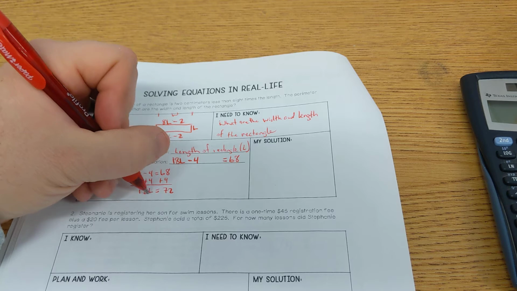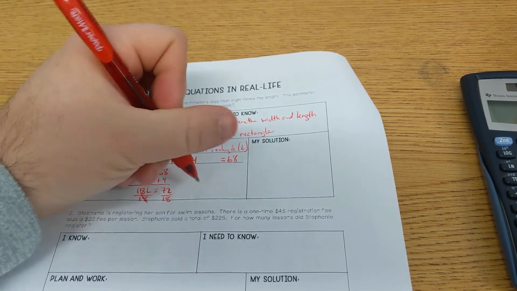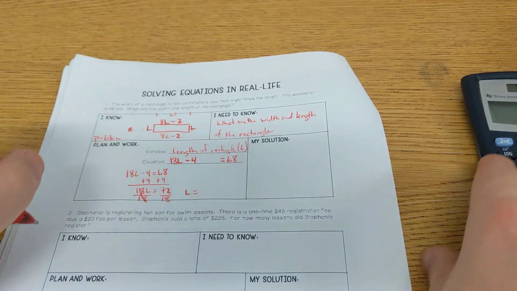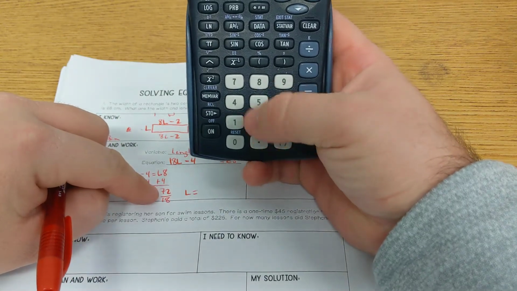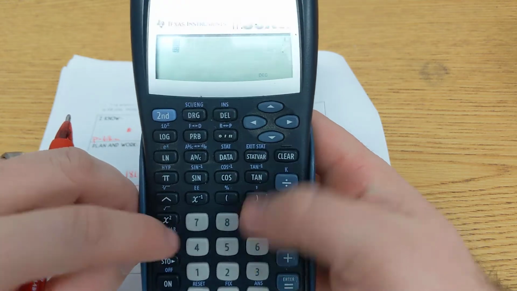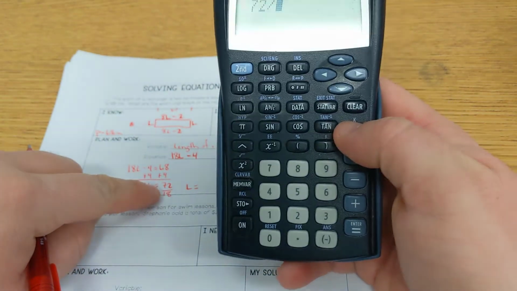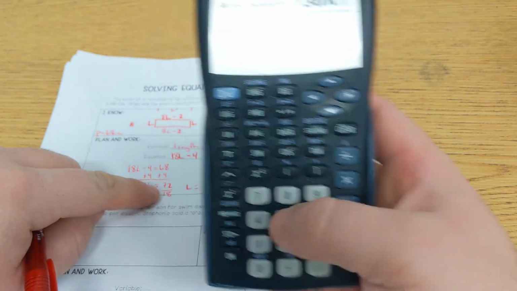This is multiplication, so I will divide. I'm left with L is equal to 72 divided by 18. That gives me 4.